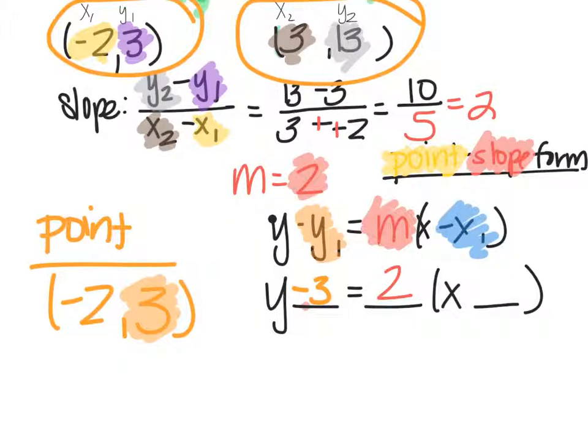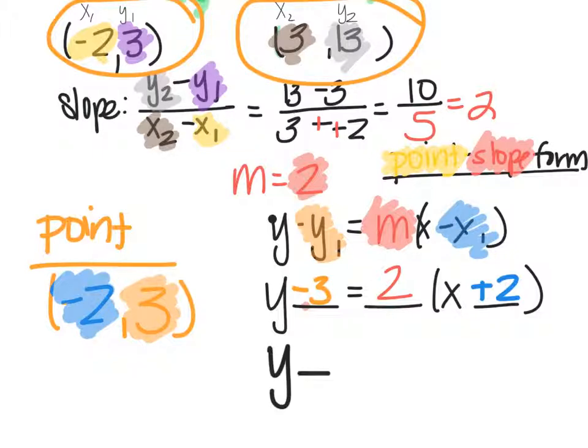And I also know that my x value for this point is -2, so I'm going to put in place of x1 a +2, because again I switched my sign. So this is my point slope formula.